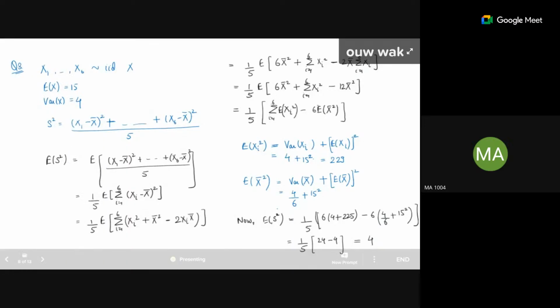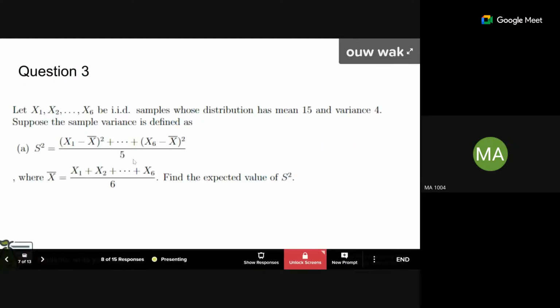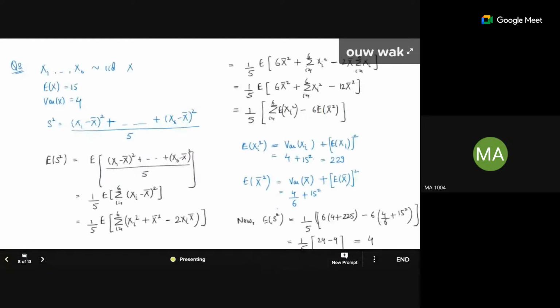But whenever your sample variance is given by the summation of xi minus x bar the whole square divided by n minus 1, at that time you can directly use the formula that expectation of S square is the variance.